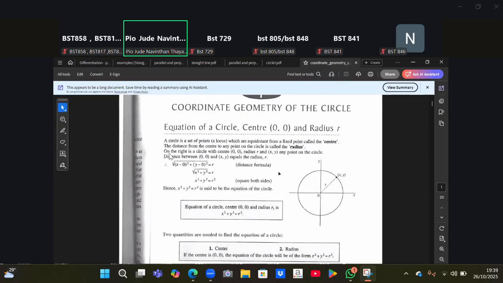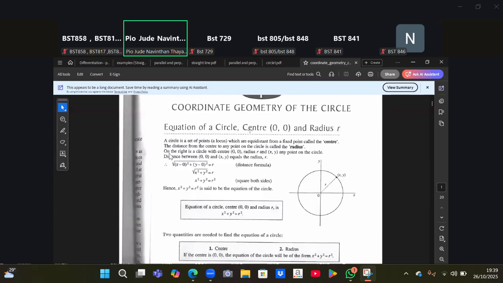For a circle, the first thing is the center, right? For the circle concept, we will have two things, that means the center and the radius. If we know these two values, then you can have a circle, right? Center and also the radius. Okay.